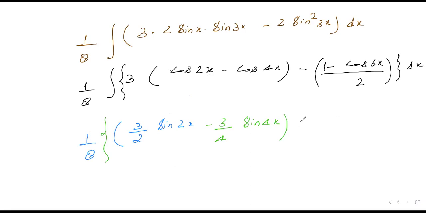And here you will get minus x, it is basically integration of minus 1, and plus sine 6x by 2 into 6, means 12, plus the constant of integration.